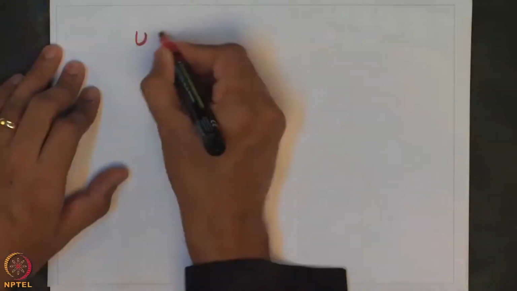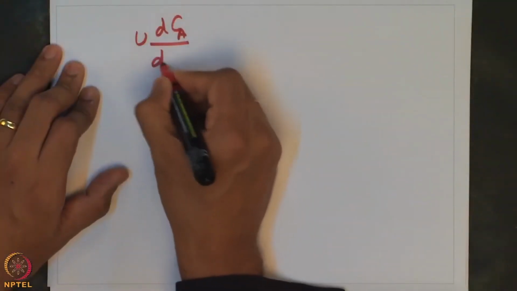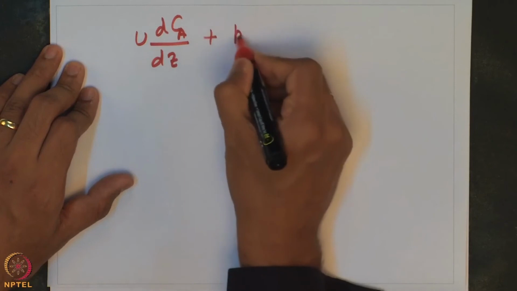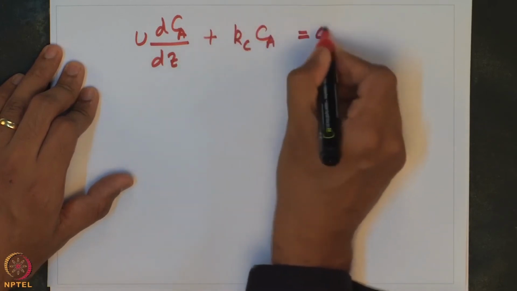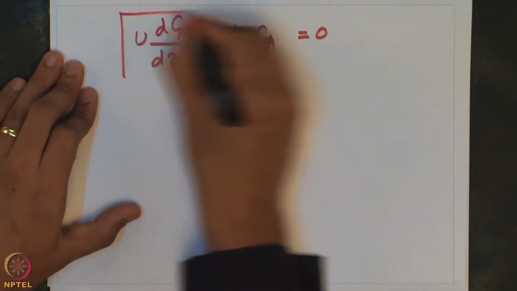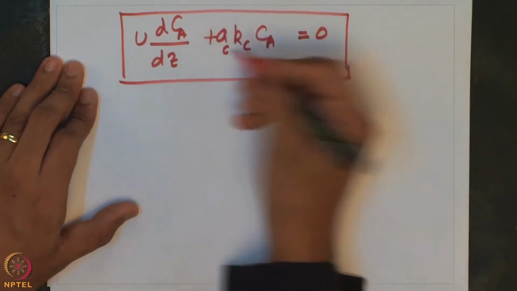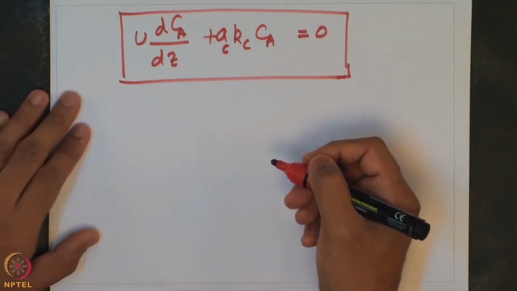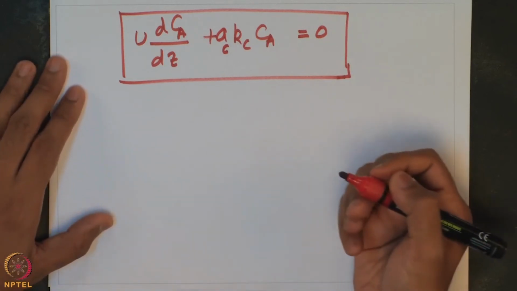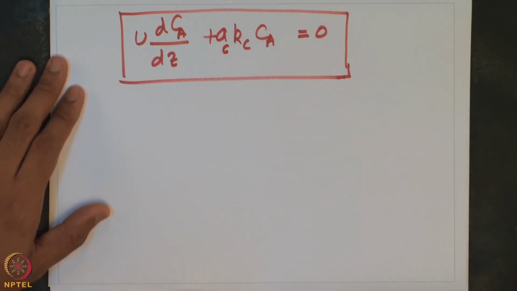Now, incorporating this assumption reduces the mole balance to U dCA by dZ plus Kc into Ac into Ca is equal to 0. So, this is the modified mole balance.